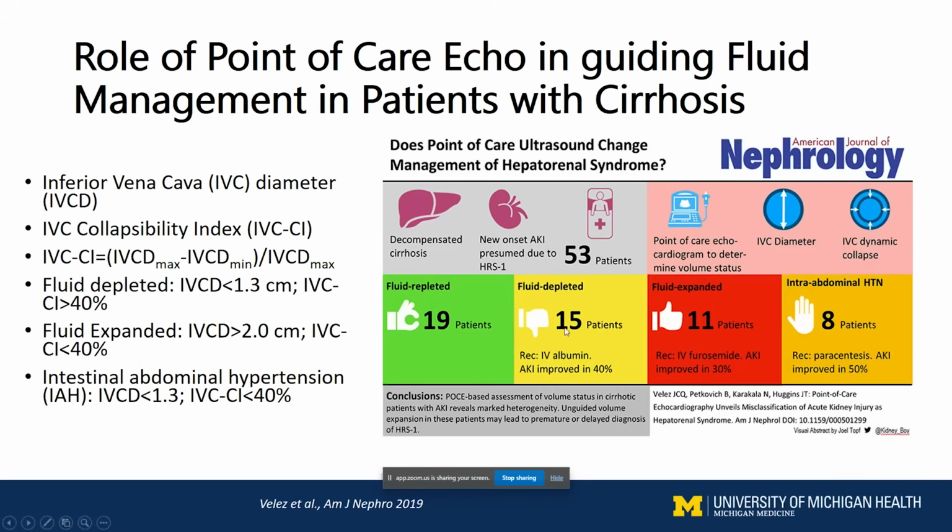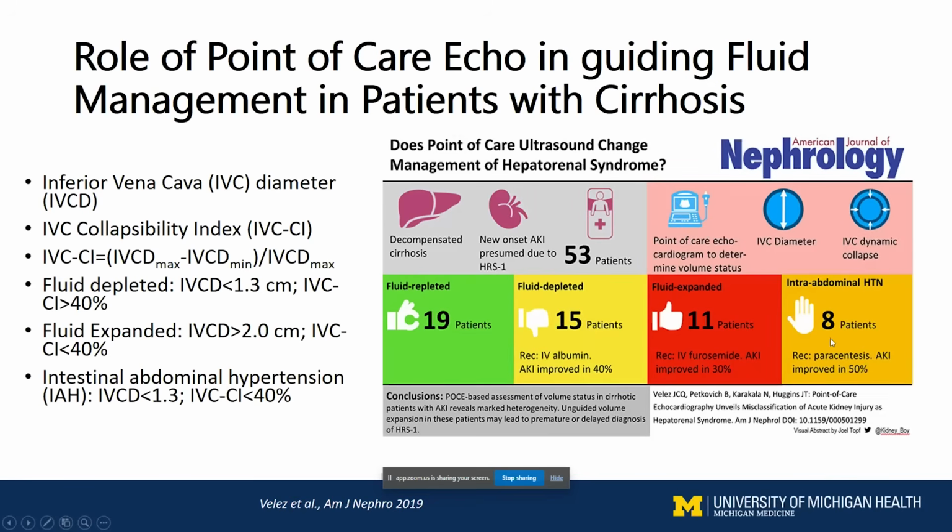Of these 15 patients, they received more IV albumin, and their AKI improved in 40% of these patients. So they were able to salvage AKI. They were able to reverse AKI in these 15 patients, whereas in these 11 patients, they gave IV furosemide, and AKI improved in 30% of the patients.